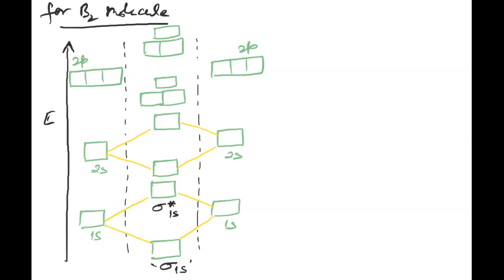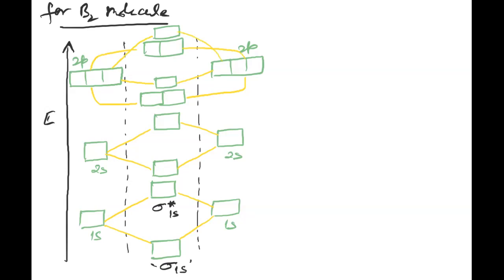Due to linear combination of these, the anti-bonding molecular orbitals and bonding MOs are formed like this.